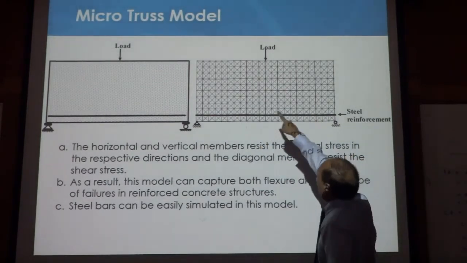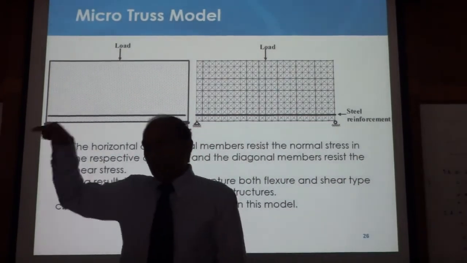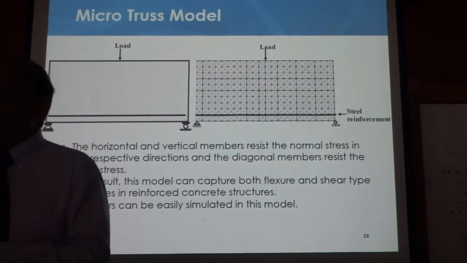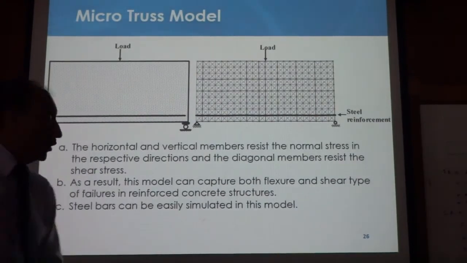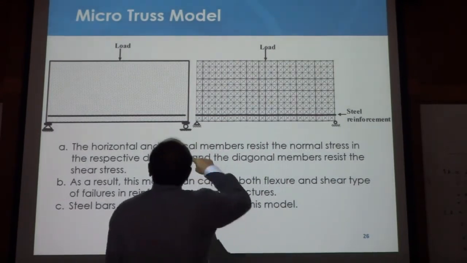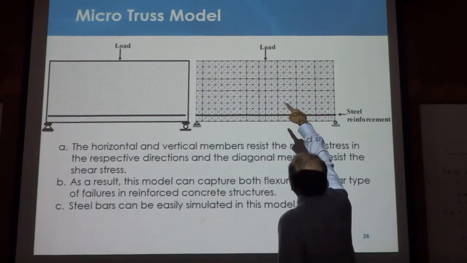You want to find out how this stress pattern will happen, you divide the whole thing into a lot of small trusses, and then you start from the point where the load is applied. You can see over there that there are loads.